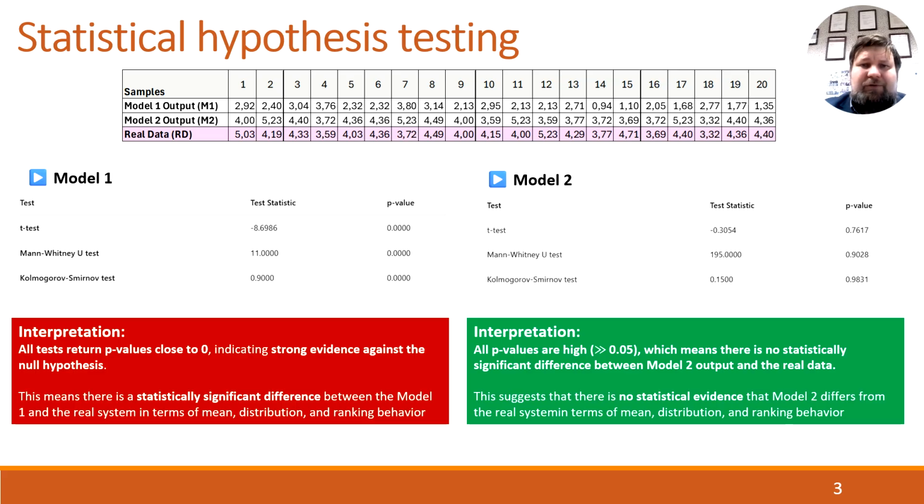While for model 2, all p-values are high, so they are above the specific significance level, meaning that we find no significant difference between the model and the real system. Therefore, model 2 can be considered statistically acceptable.